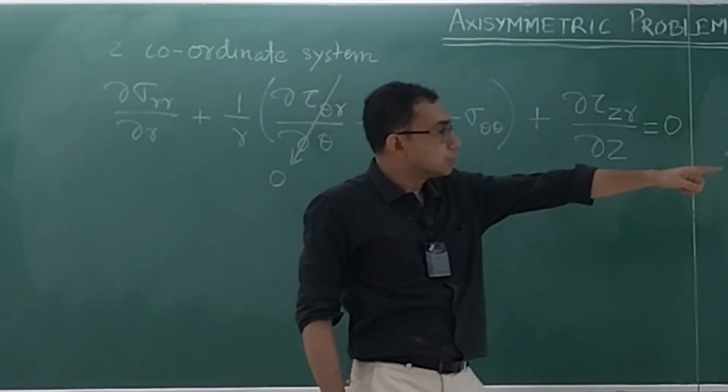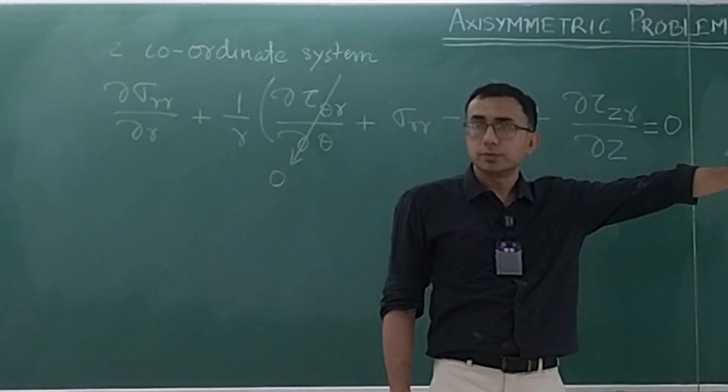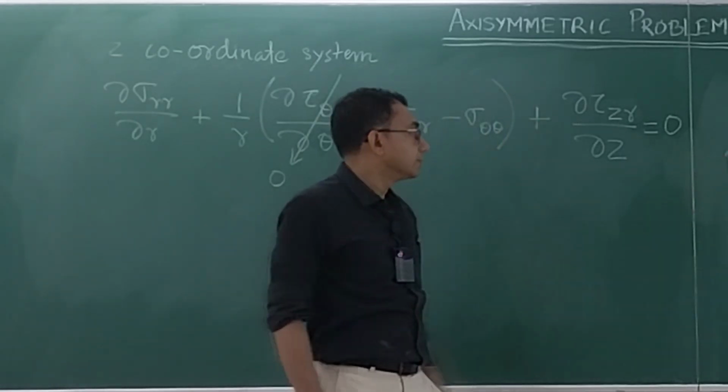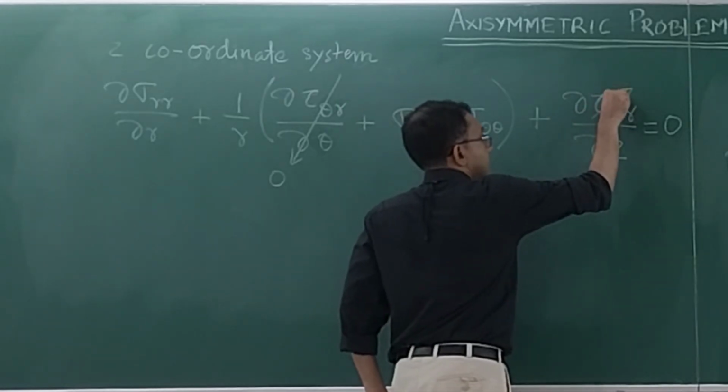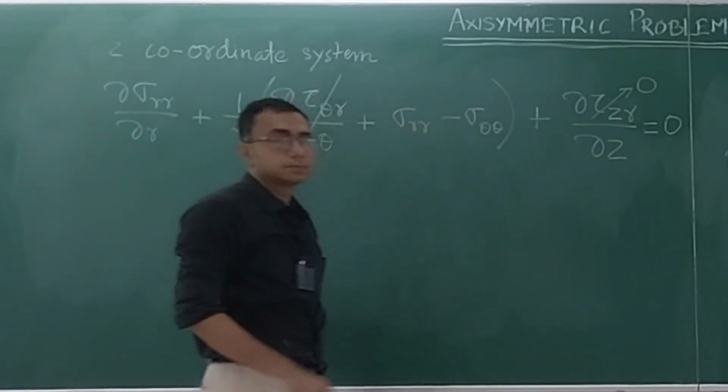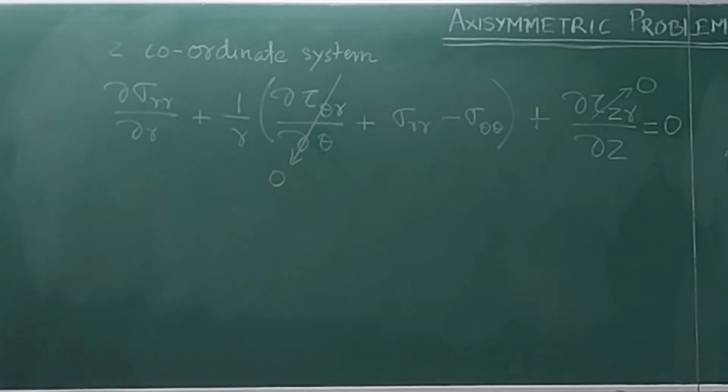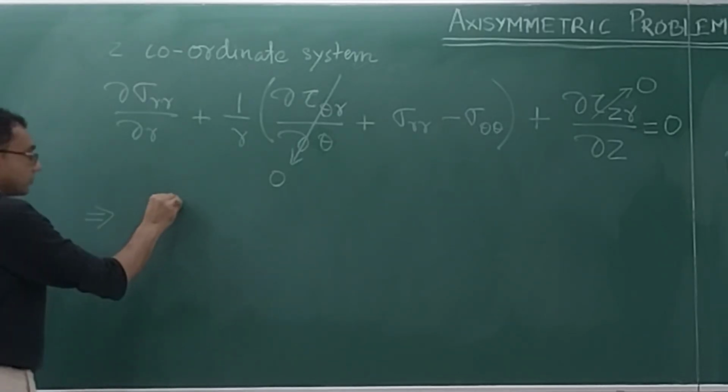We have already proved that tau zr equal to 0. That follows from the plane strain condition. So this thing is 0. Nothing else is 0. So what we have from the R component of the stress equilibrium equations is the following equation.